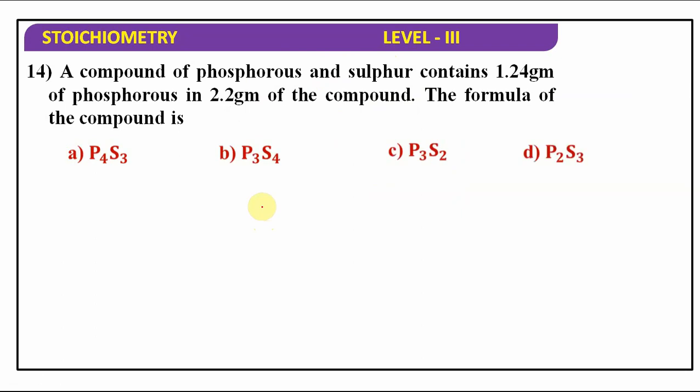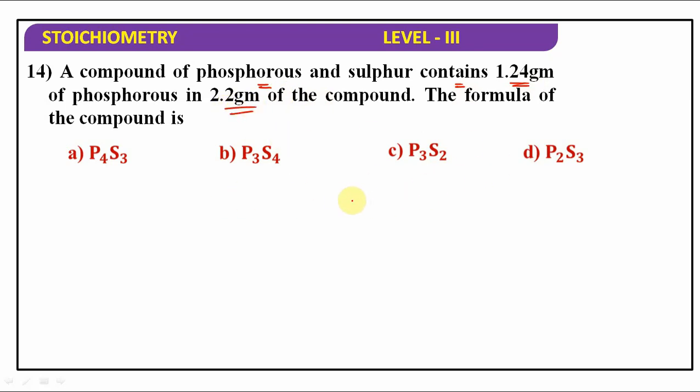Next question we have. A compound of phosphorus and sulfur contains 1.24 grams of phosphorus in 2.2 grams of the compound.